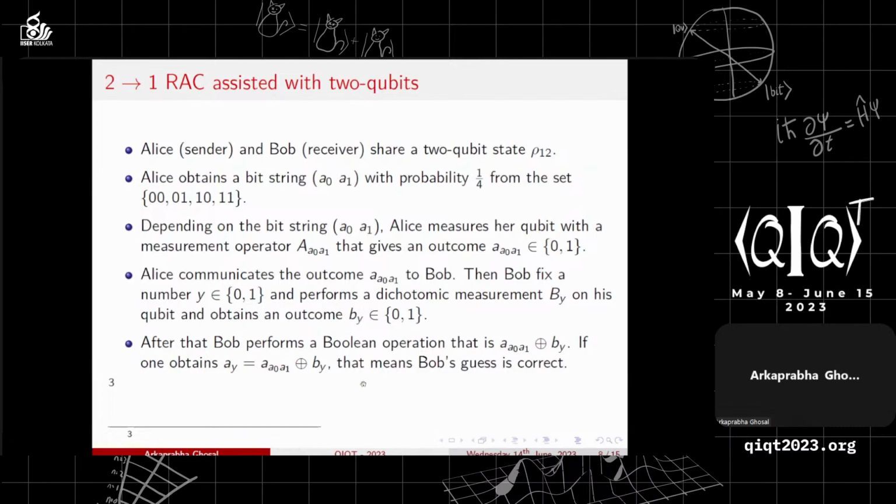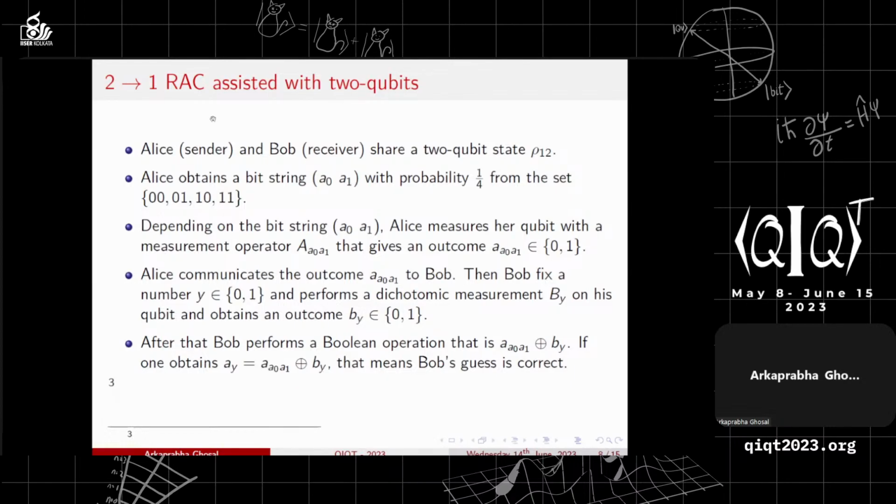Now, even if we use a maximally entangled state, the average success probability in the RAC task cannot be one because of the construction of this problem. A 100% winning strategy exists only if Alice and Bob use some post-quantum state, so I will not discuss those things.